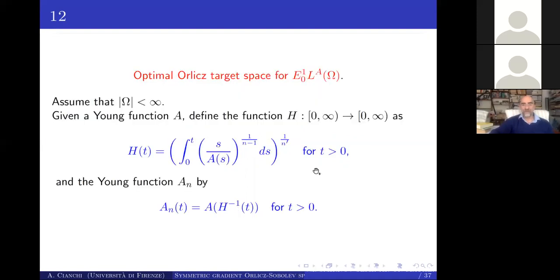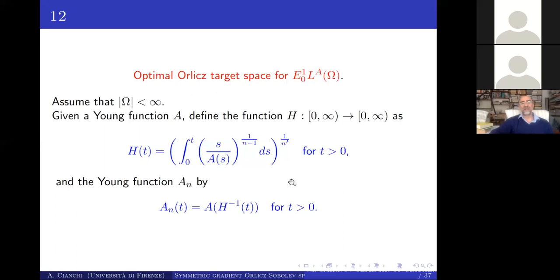Before giving the statement, let me bring your attention to the fact that in this formula and in other formulas that we'll see later, one could be scared because of the computation of these integrals and inverses in the formulas.